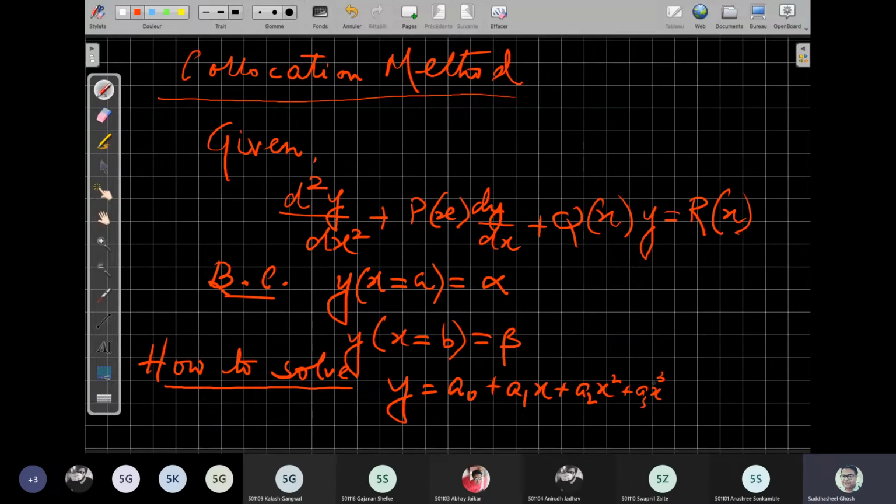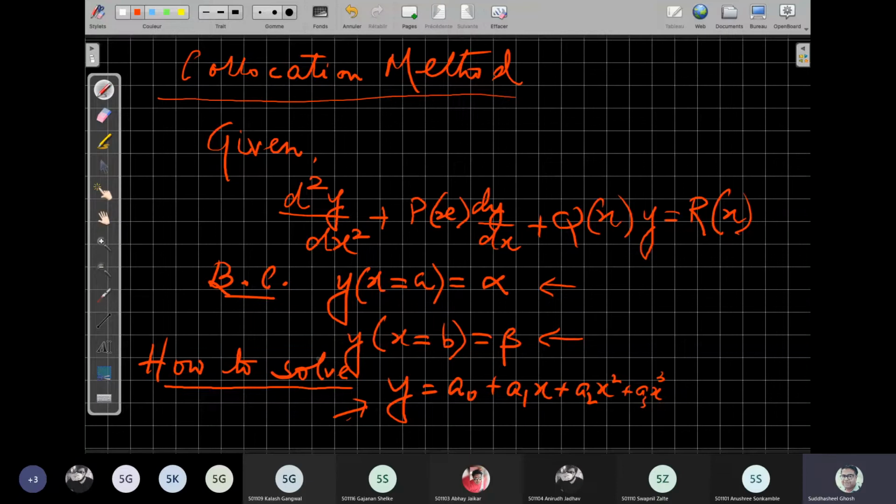That is what you have to do for solving this equation, using these boundary conditions. You differentiate this expression y with respect to x, and you will obtain dy by dx and d2y by dx square, and you substitute them into the equation, and then you will obtain the solution.